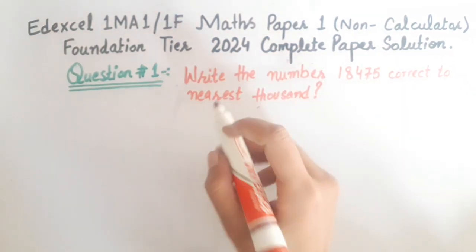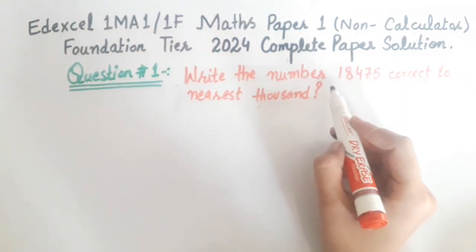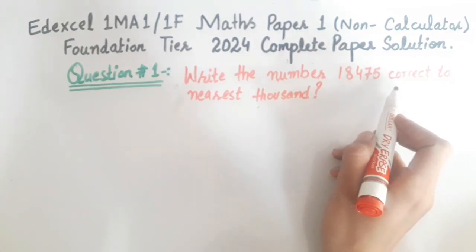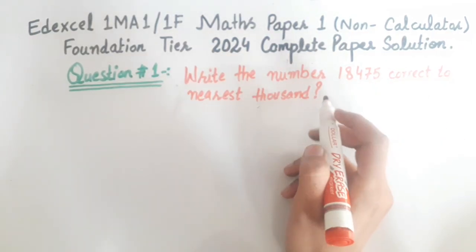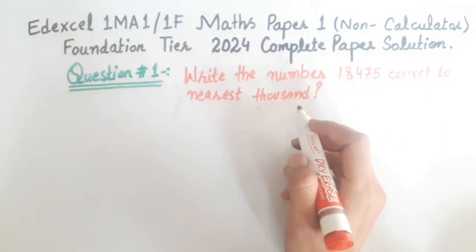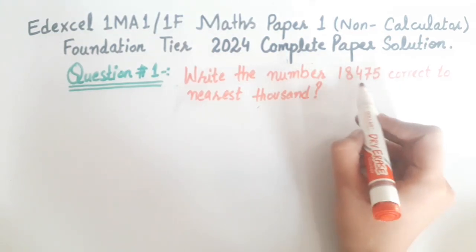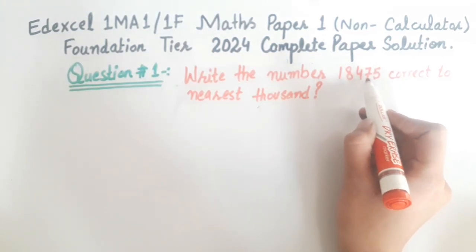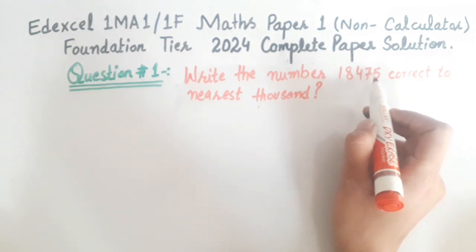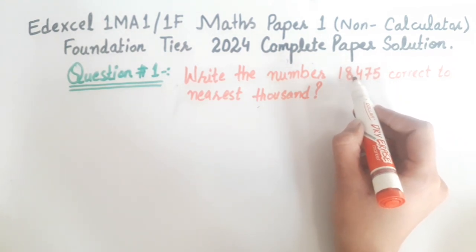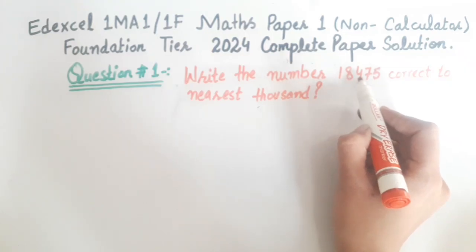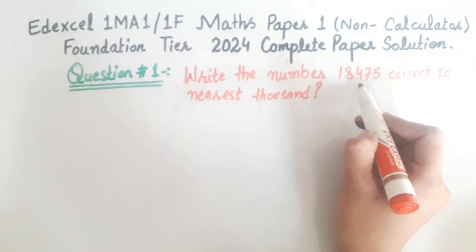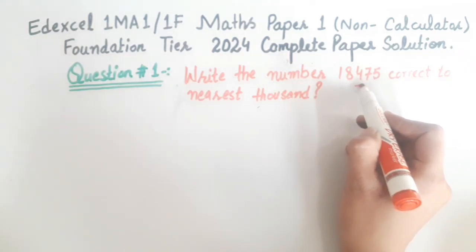Now here, question 1 is, write the number 18,475 correct to the nearest thousand. So nearest thousand means we focus on this 4.